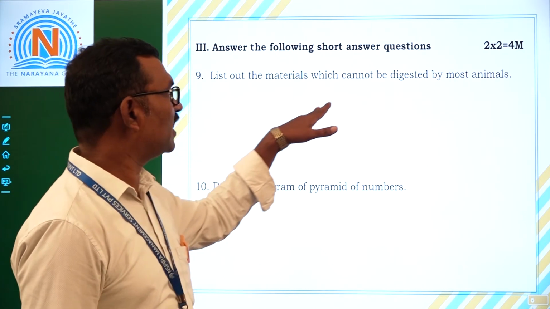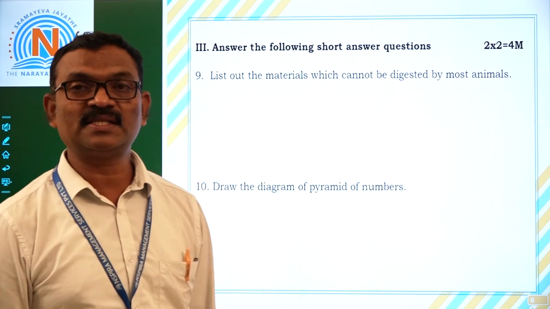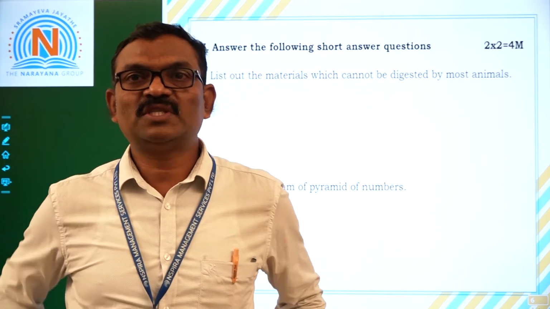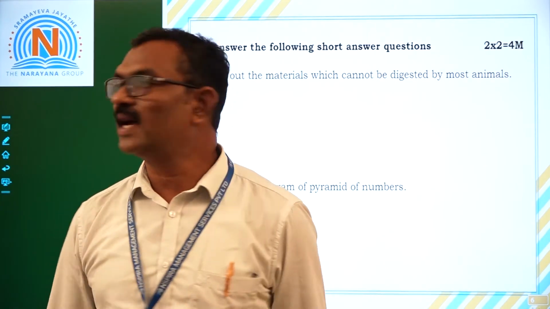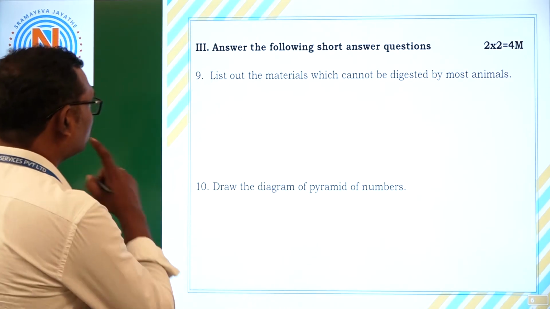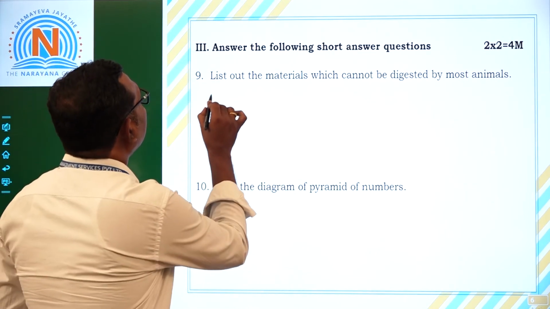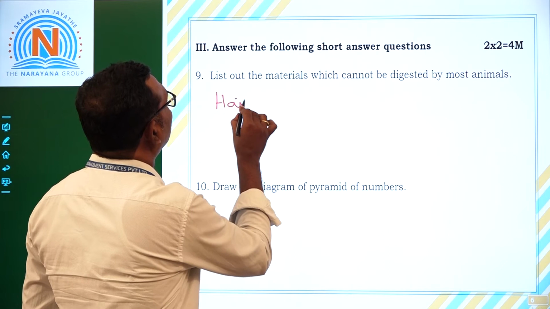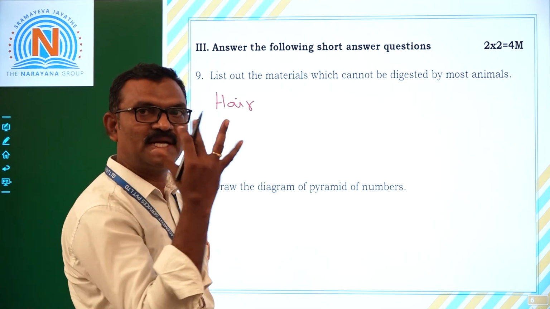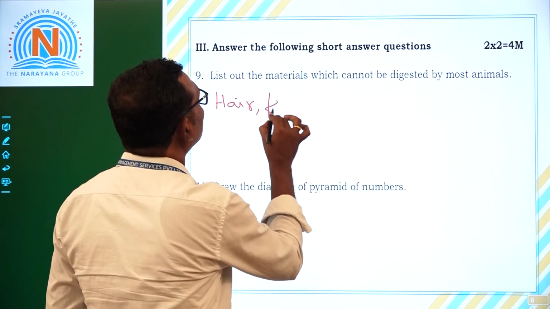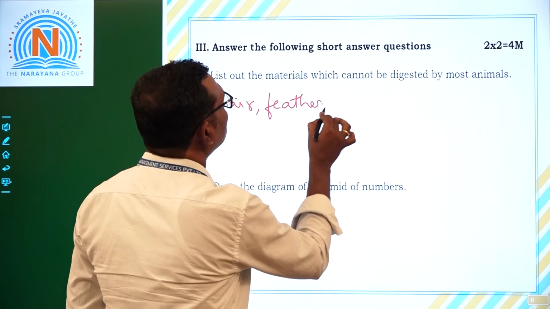Next one, 9th question. List out the materials which cannot be digested by most animals. Which materials cannot be digested by animals? Let us see that. Okay, now hair. If any organism takes in hair, that cannot be digested. Feathers, birds' feathers.